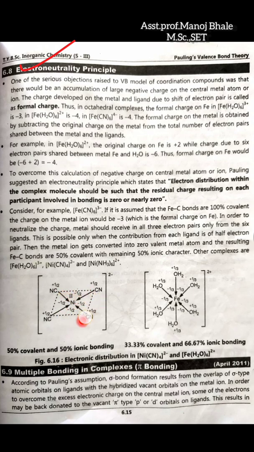So the charge on nickel is -2, but it is a residual charge which is balanced by the ligands, and each ligand has +1/2 charge. This one ligand has +1/2, nickel has -1/2. So +1/2 and -1/2 get cancelled to each other.